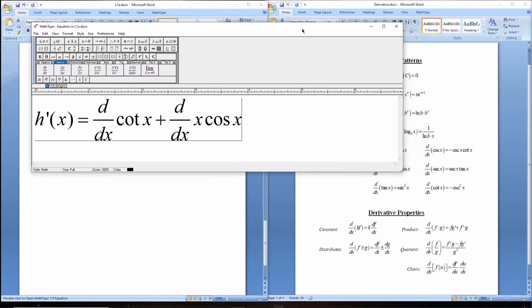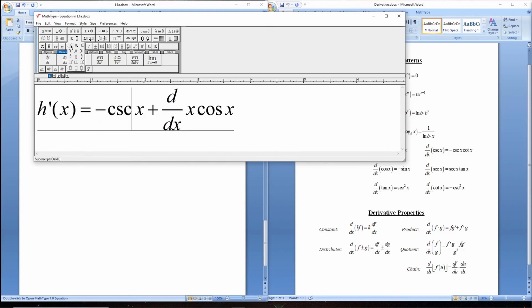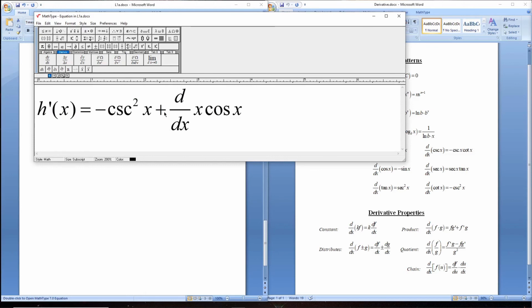Now, if we look to the right here, what is the derivative of cotangent? Well, that's actually one of our patterns. The derivative of cotangent is minus cosecant squared. So this derivative here is minus cosecant squared, and that derivative is done.